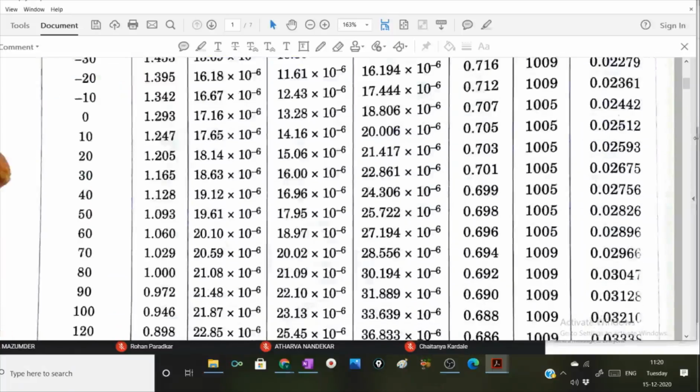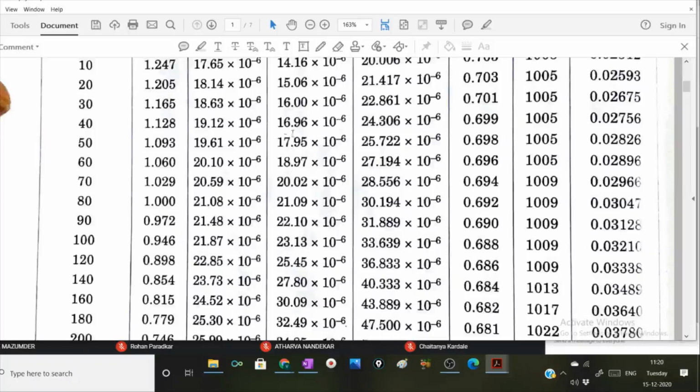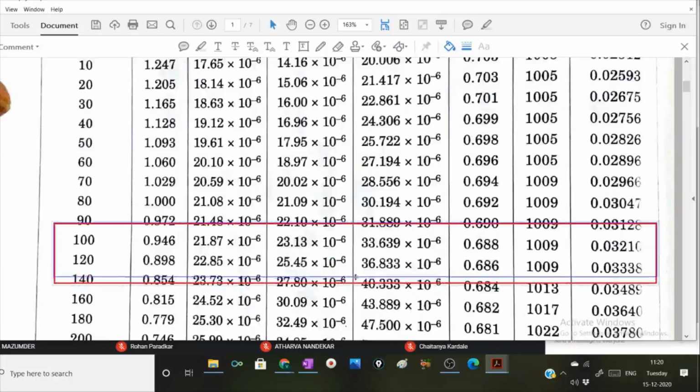So as you can see here, thermophysical properties are not given at 110 degrees Celsius. Rather, properties are given at 100 degrees Celsius and 120 degrees Celsius.